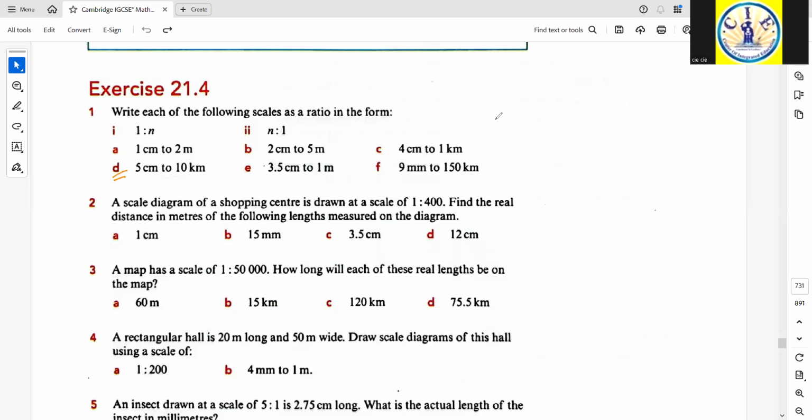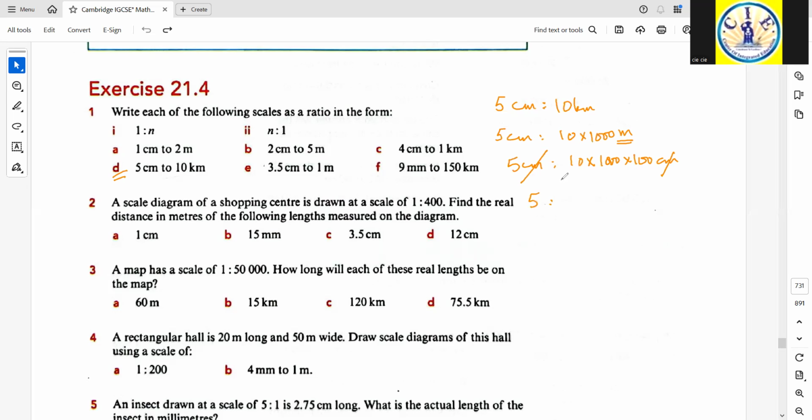Now it's part D, 5 centimeters to 10 kilometers. So we can convert it again in the same way. For kilometers to meters, I need to multiply it by 1,000. So now the answers would have been converted into meters. Then for meter to convert it into centimeters, I need to multiply it by 100. So now the units are same. We can easily cancel them out.